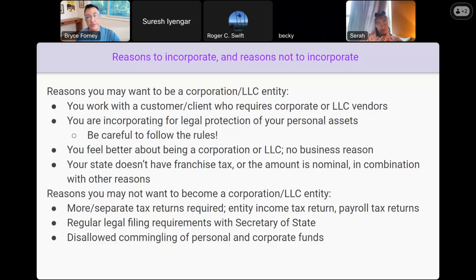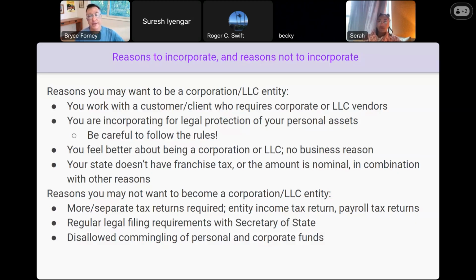So those facts, if you're just incorporating to protect your personal assets, and then you essentially behave like a sole proprietor, then if litigation occurs, they're going to be able to get to your personal assets in most cases if you violated the corporate requirements. So that's why this is great to incorporate to protect your personal assets, but you just have to be very careful to follow the rules.